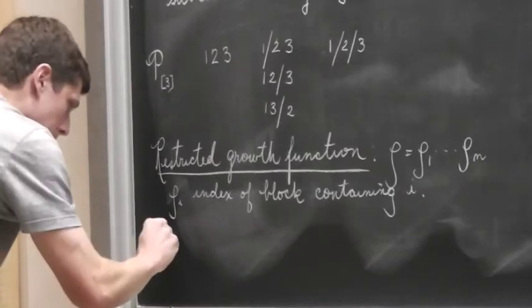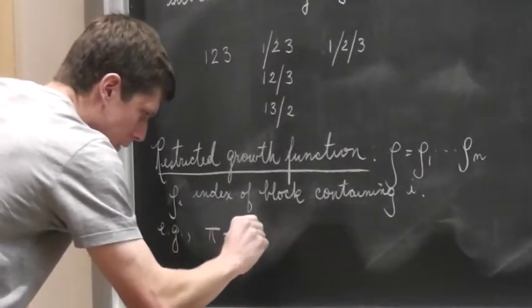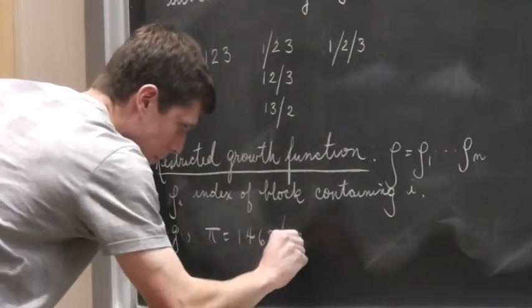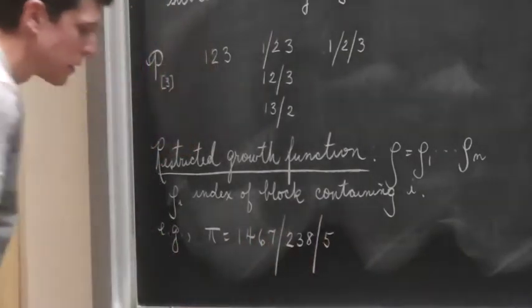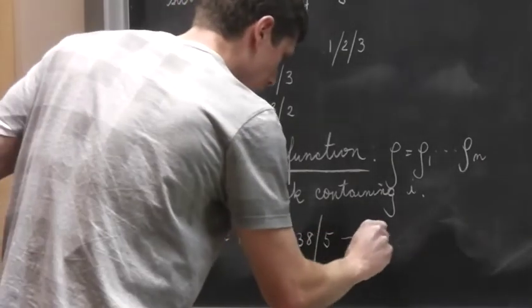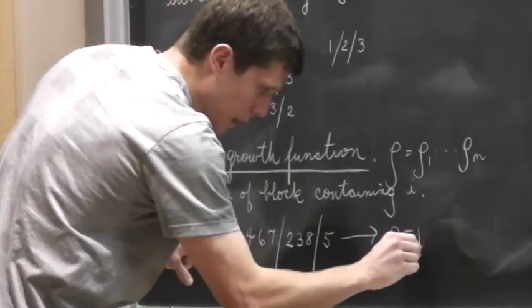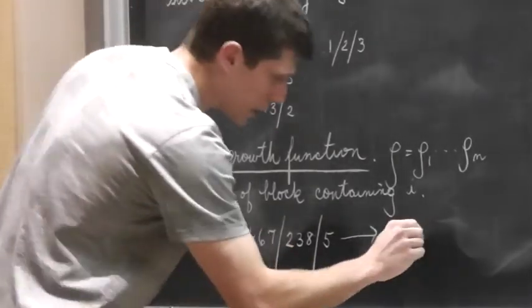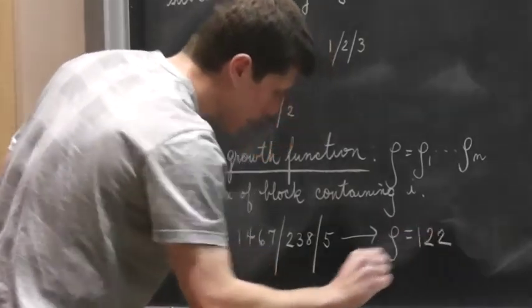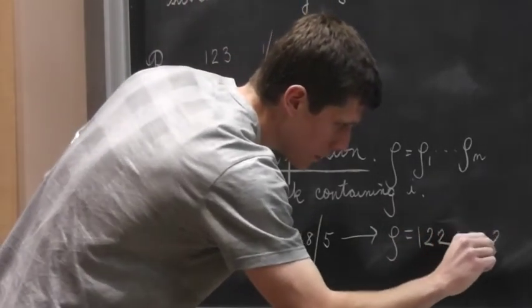So for example, let's say I have this partition here. I've written the blocks in increasing order of their smallest element, and this corresponds to, well, the element 1 always appears in the first block, and then here the next 2 appear in the second block, then the 4th is in the first, 3rd, and so on.